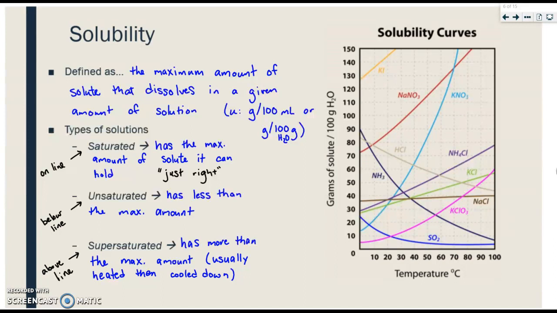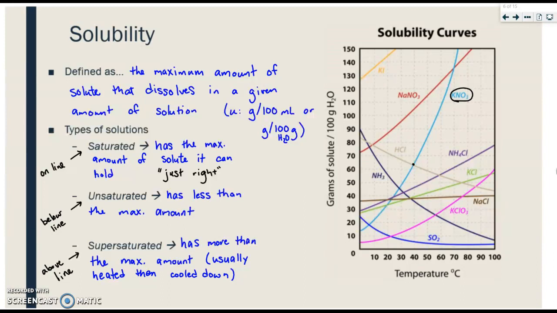So let's do a quick example. We're going to focus on KNO3, okay? So if we're looking at KNO3 and you're told at a temperature of 40 degrees, it's approximately 62 grams of solute. We're right on the line for KNO3 at that temperature, so that would be saturated.